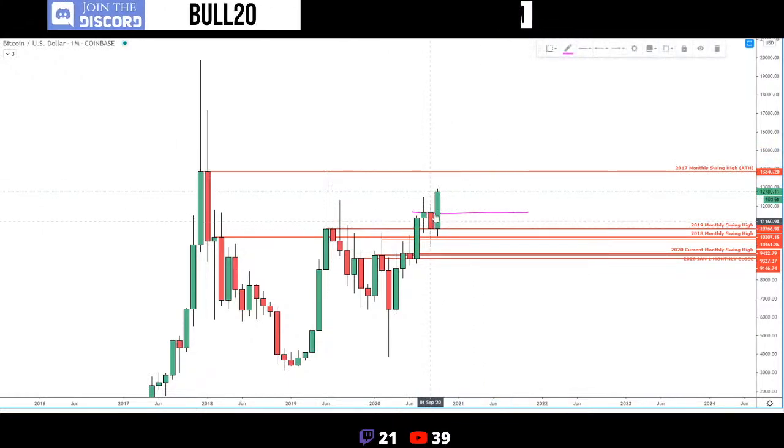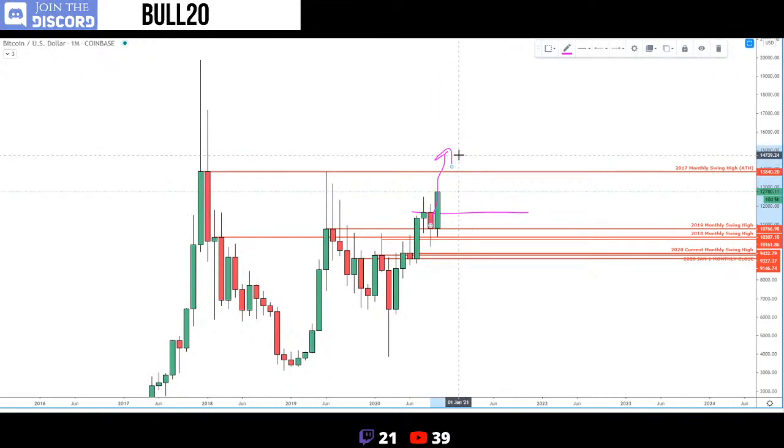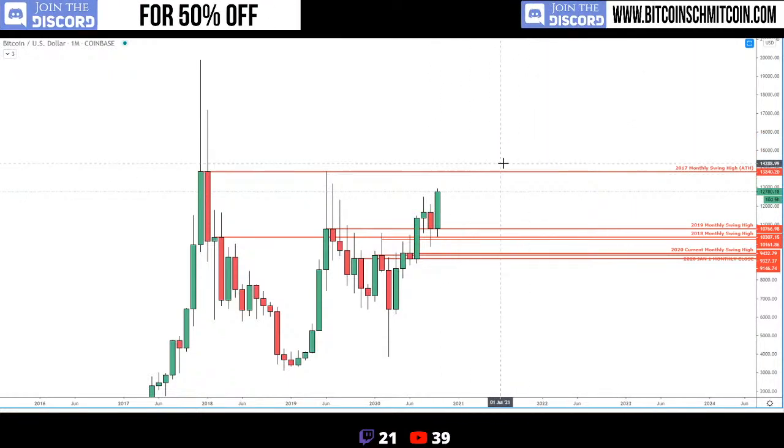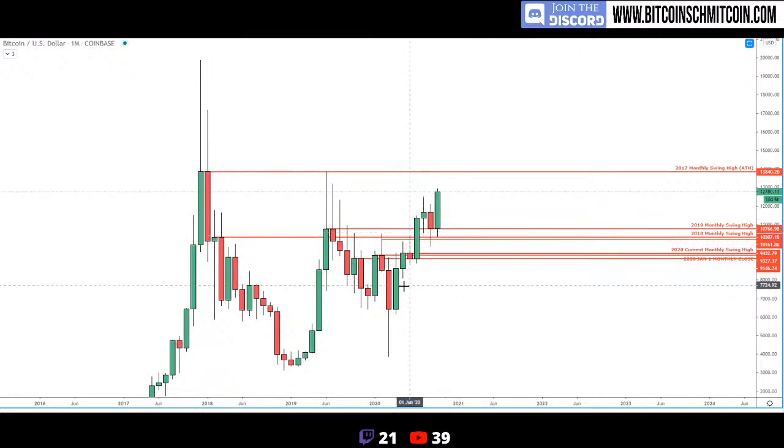Whether it's a straight shot up and retest, or retest here and straight shot up, I think this is the ultimate destination before we start to see any real supply hit the market. Given the fact that we've been seeing these stair-stepping moves, I'm a little bit more inclined to see something like this.